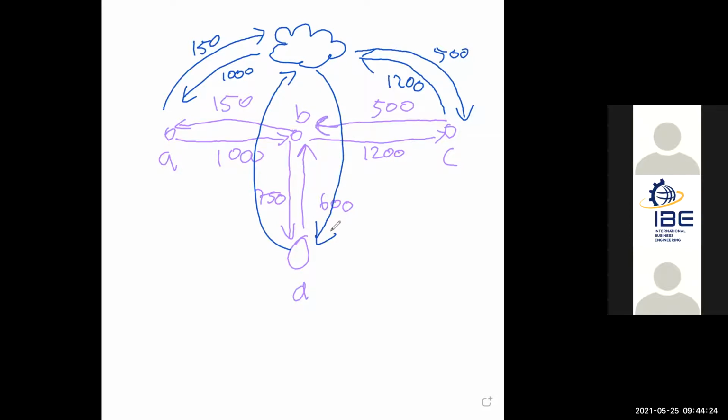So how much? From the cloud to the D is 600 going in, and the other one is 750. Very good, excellent. So now you can check all nodes, they are matching, right?